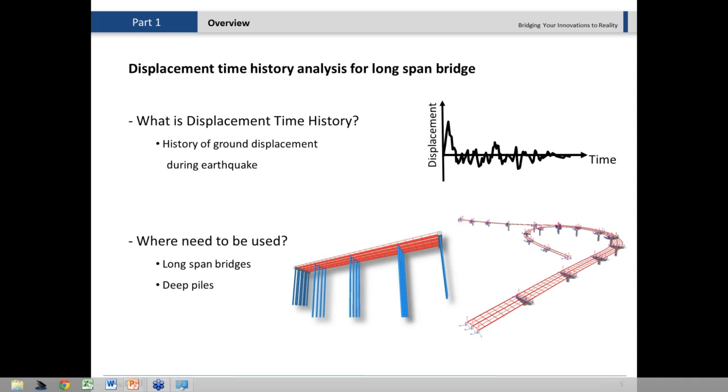All right. So as we discussed today, we're going to talk about the displacement time history analysis of long bridges. Let's see what the displacement time history is and where we need to use it. Displacement time history is the history of the ground displacement during an earthquake event.